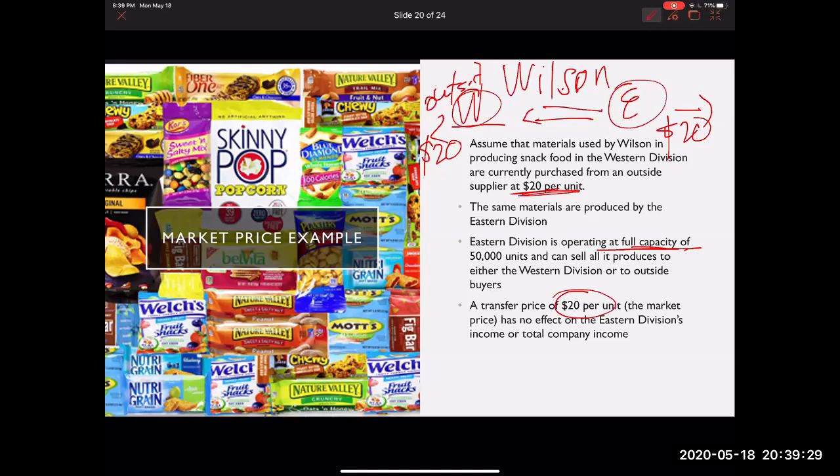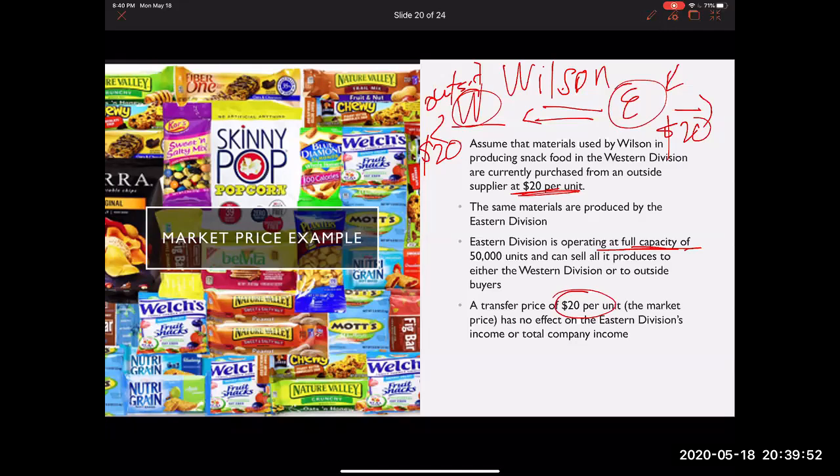They can go to the outside provider or to their inside salesperson, depending on whether there is capacity to sell it to them. So in either decision, neither company nor division is affected by whether they buy inside the company or not, because it's $20 no matter how you slice it.